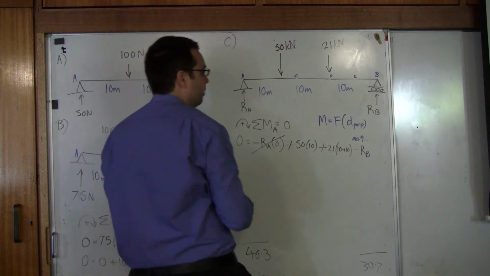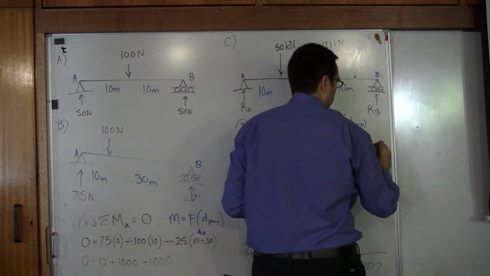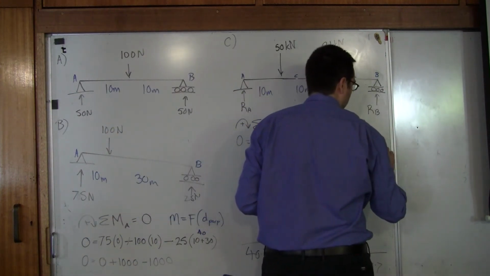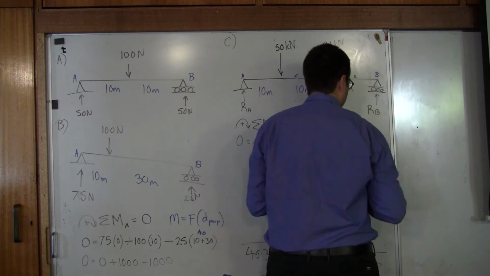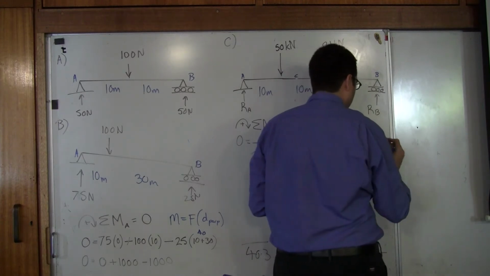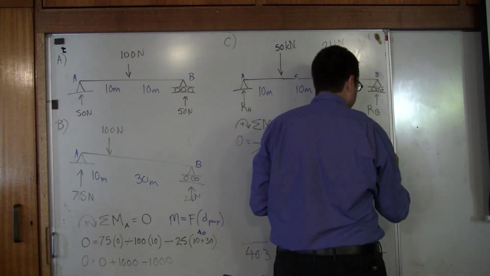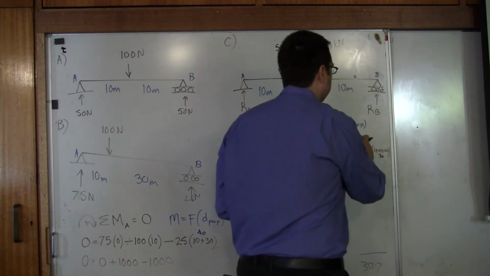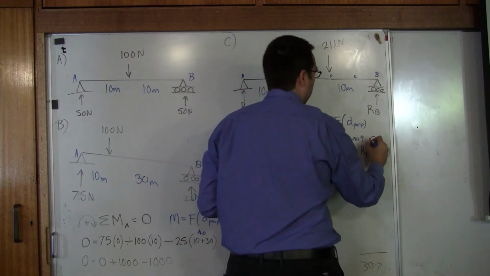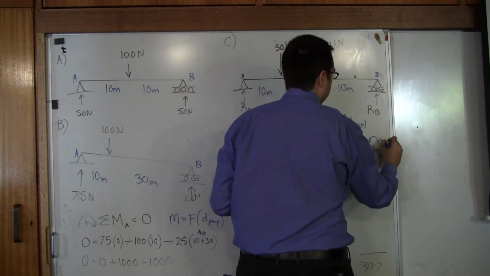How far away is that? 30. I'll write 10 plus 10 plus 10, which is 30. If we assume that it's up, we're going to assume that it's anti-clockwise, therefore negative.